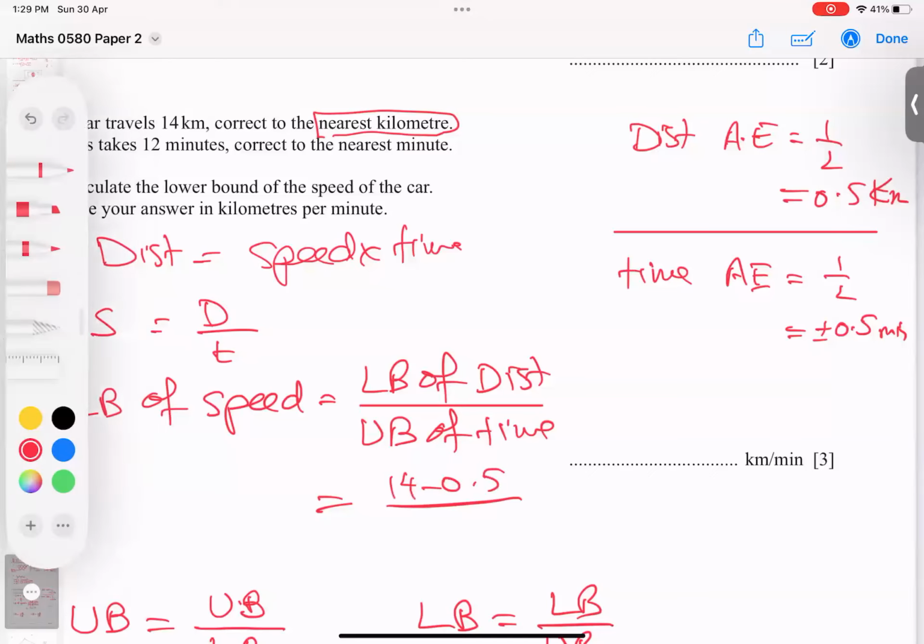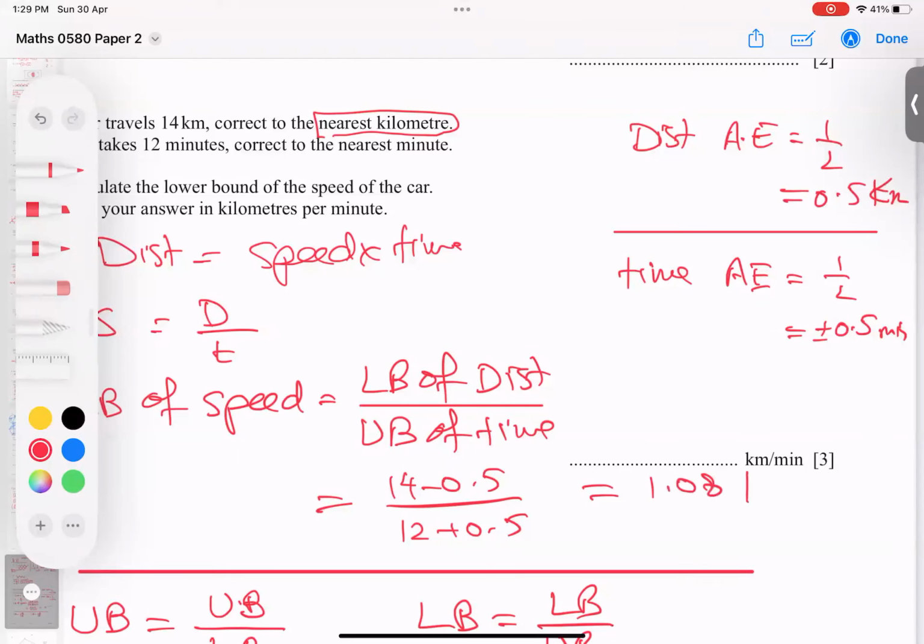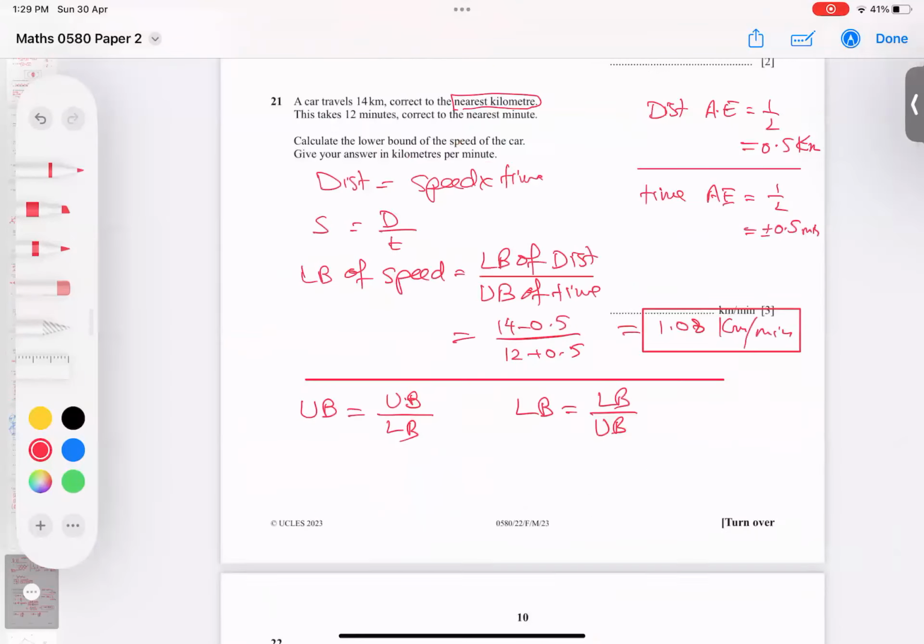And same approach for the upper bound of time: 12 plus this. I hope the point is very, very clear. And now I'm going to find it by typing in the calculator. So 14 minus 0.5 by 12 plus 0.8, so 1.08 kilometers per minute. This is my final answer.